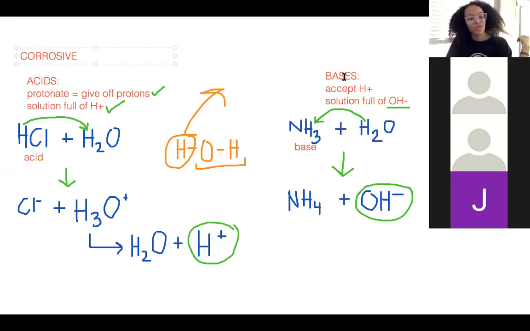So if we have a really strong acid, which can be dangerous, powerful, can burn through something, and we put it with a really strong base, which is also super powerful, can burn through stuff, can melt away your skin, if we combine them, what are we going to get? Are we going to get ultra, super, mega strong? Is it going to be double as strong? Is it going to be just as strong as before?